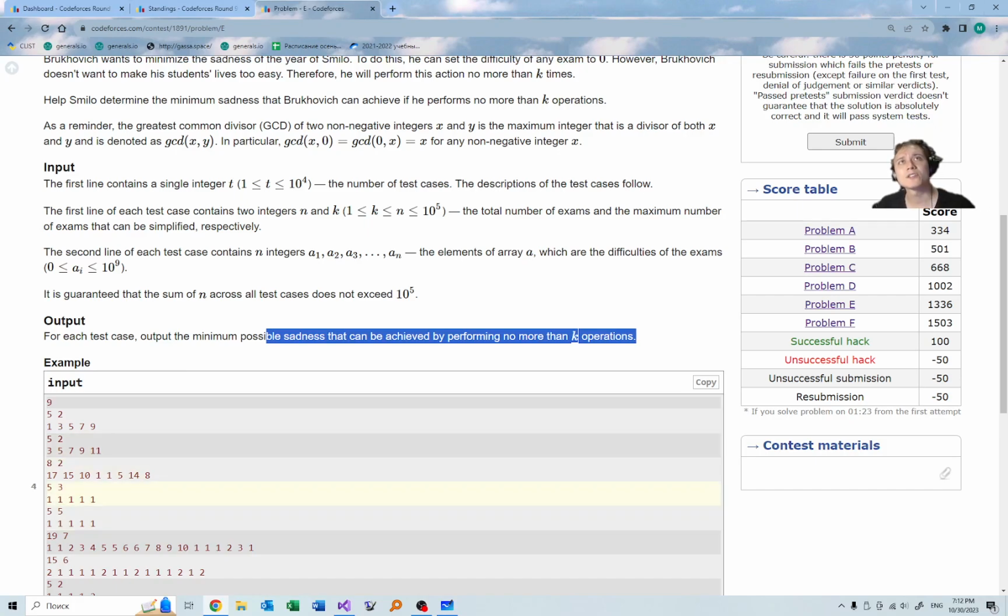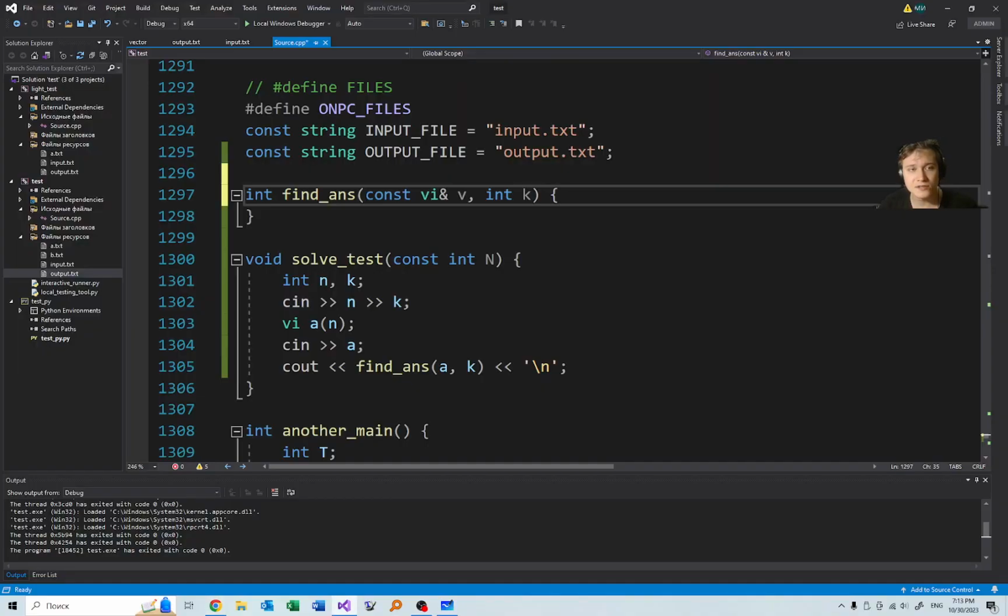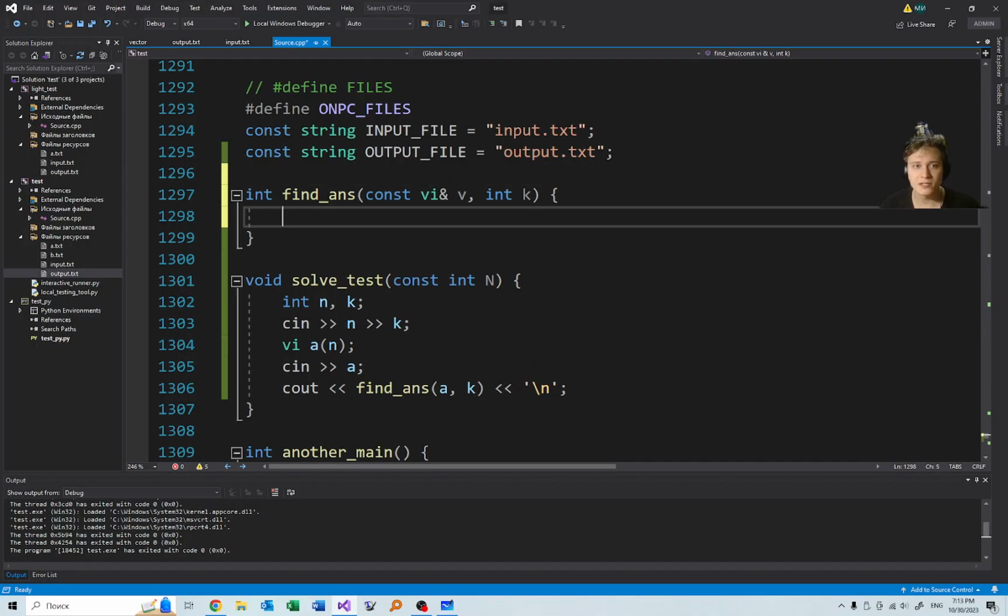Actually, I believe we can just perform the correct operations and calculate the answer in the end.